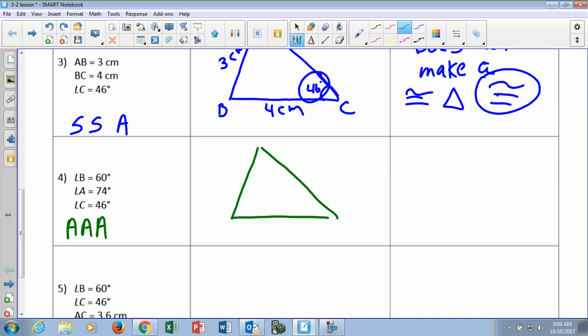All right, if I roughly sketch a triangle, you guys can answer this. Let's see here. They said angle B, we'll make this B, that was 60. Angle A was 74, and angle C was 46. So that's all they give us.